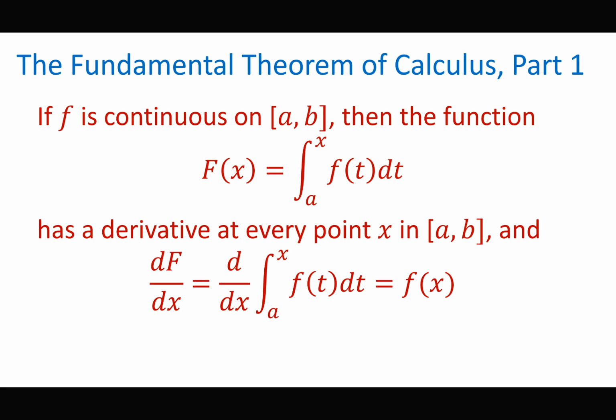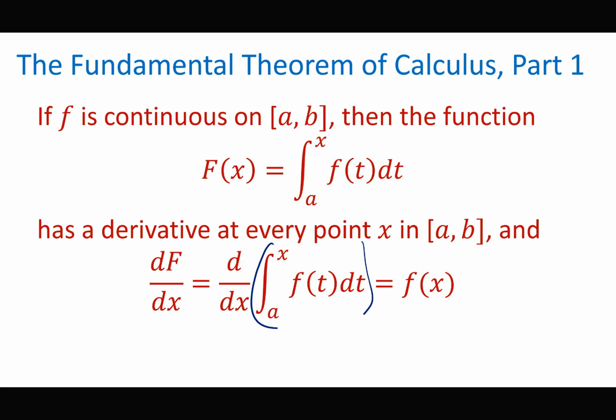So d of capital F dx simply means we're taking the derivative of the antiderivative, which is the same thing as saying the derivative of our integral function. And when we look at this, I want you to be thinking in your mind that d dx is taking the derivative of this integral.